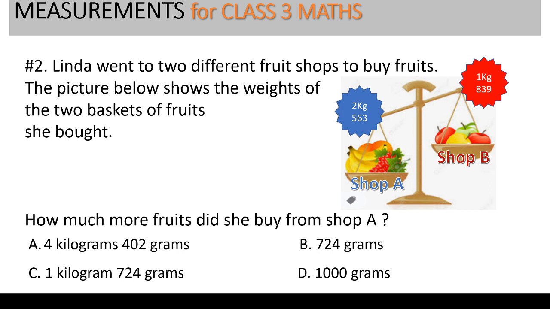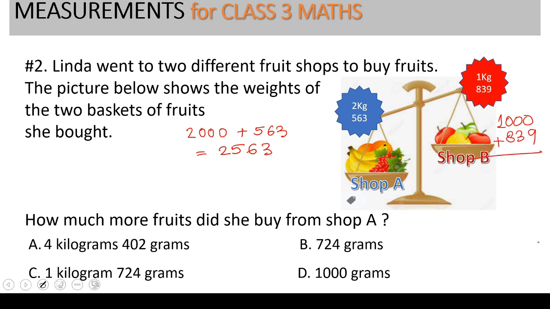So shop A has 2 kgs, which is 2000 grams plus 563 grams. Remember, we have to convert everything into the same unit. So this is equal to 2563 grams. Now shop B has 1 kg, that is 1000 plus 839 grams, which is equal to 1839 grams.